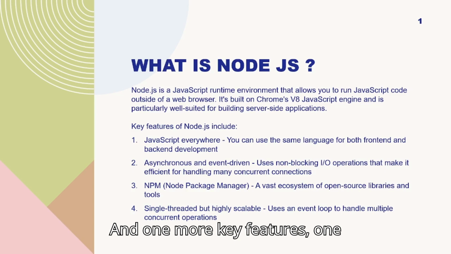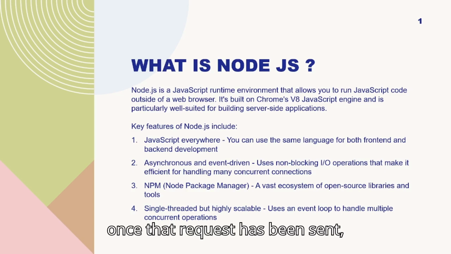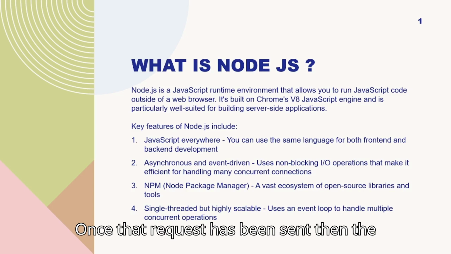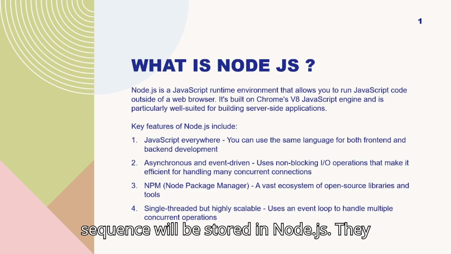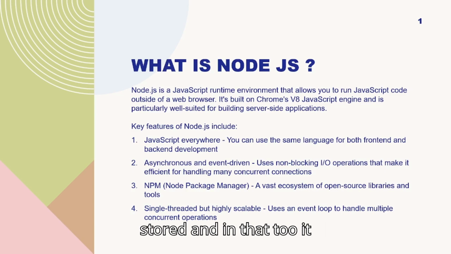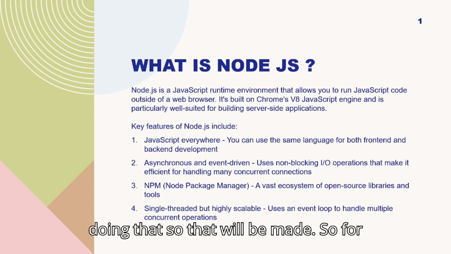And one more key feature I forgot. In Node.js, once the first request has been sent, the second request also will be sent. It will not wait for the first request to finish. The first request will be stored in Node.js, and from there it will connect to our database or any other connections we are using.